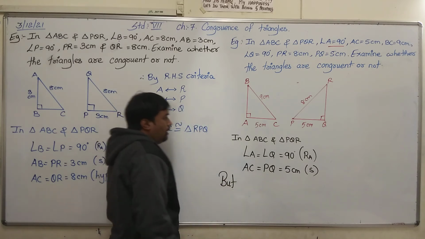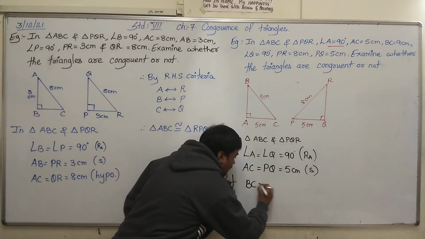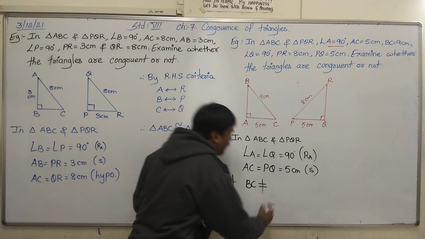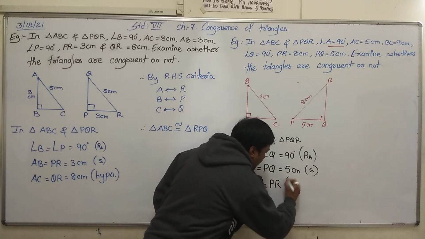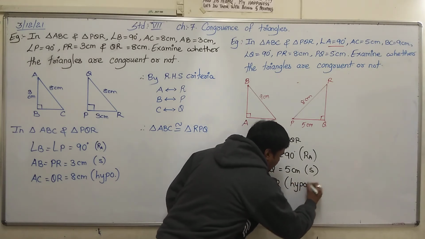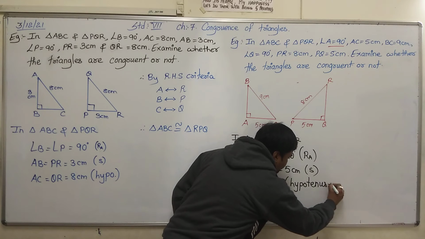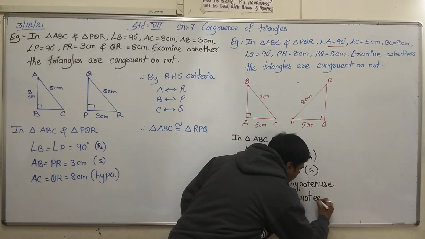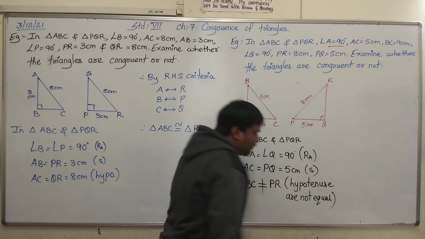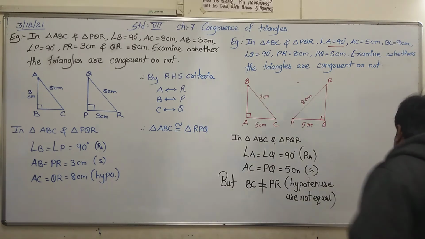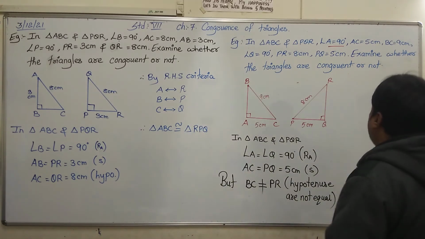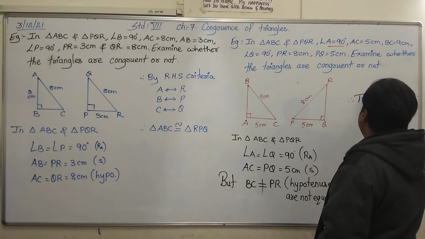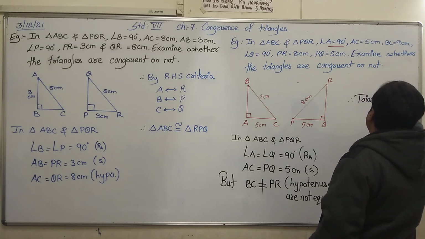But BC is not equal to PR. Hypotenuse are not equal. Therefore, triangles are not congruent.